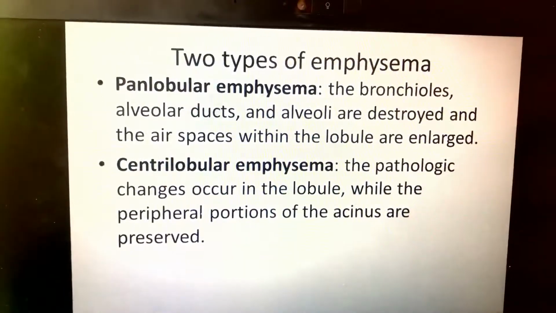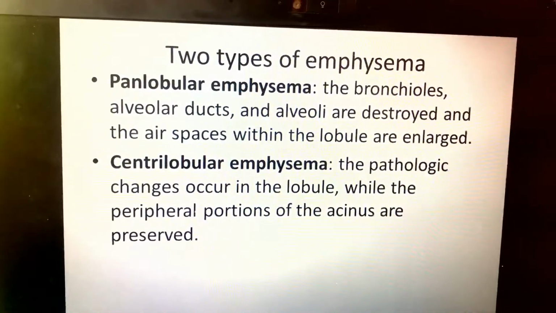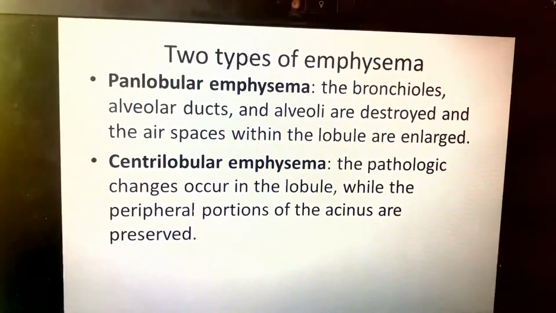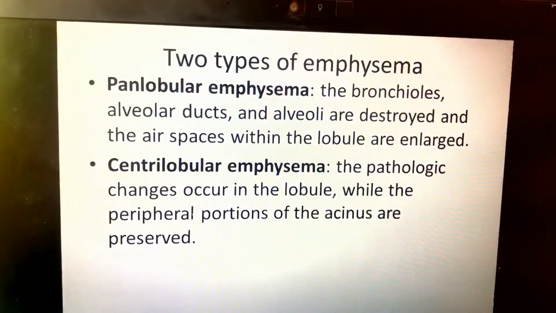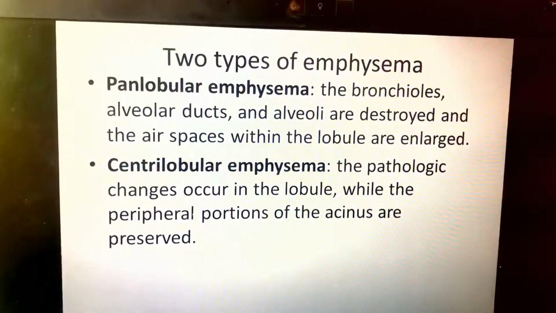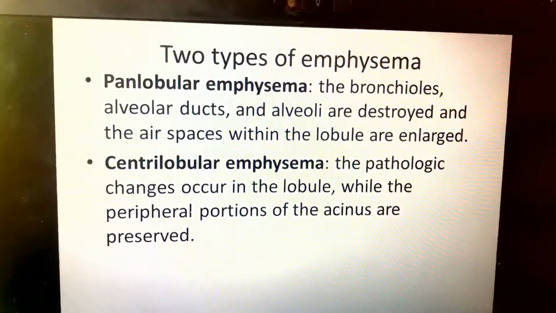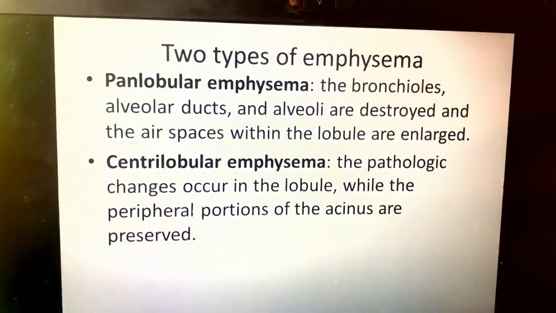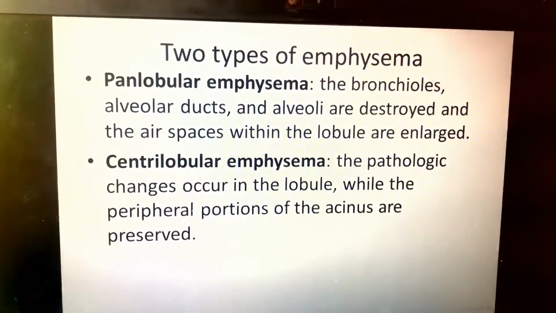The first is panlobular emphysema. In this kind of emphysema, the bronchioles, alveolar ducts, and alveoli are destroyed, and the air spaces within the lobules are enlarged. In centrilobular emphysema, the pathologic changes occur in the lobules, while the peripheral portions of the acinus are preserved.